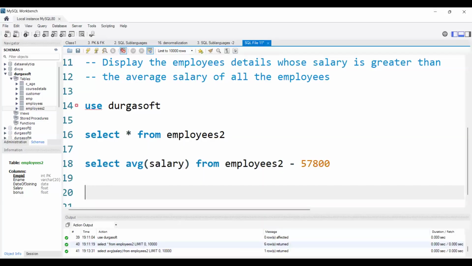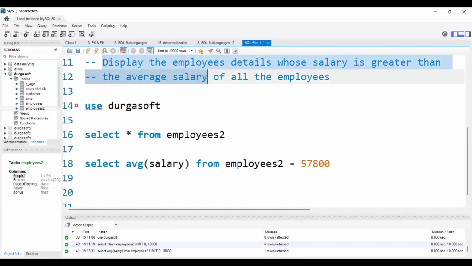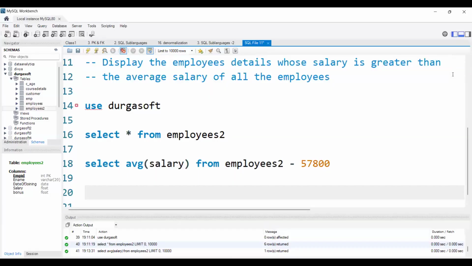Now, in my question, I said display the employee details whose salary is greater than the average salary of all the employees. Now, if I write display the employee details, I need to write select star from employees to. This will display all the details of the employees, correct?